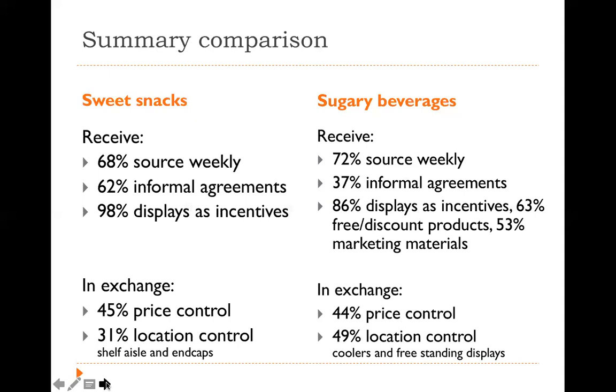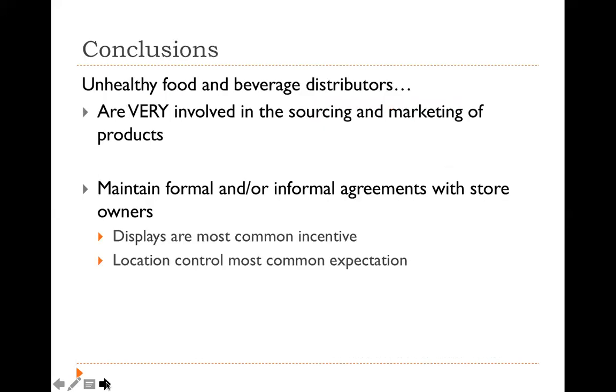And then there are different kinds of incentives associated with these agreements. In exchange, price control was fairly common across both of these categories. A little bit of a difference in terms of location control expectations, certainly with regard to where in the store these are placed. So next slide, please.